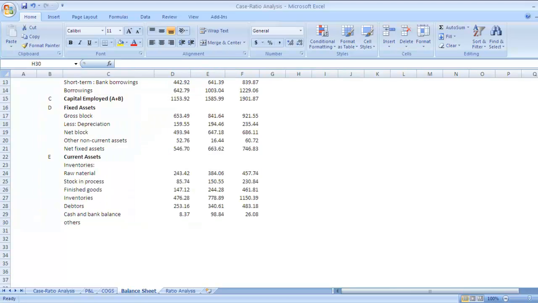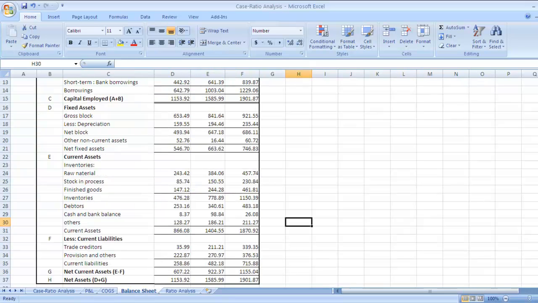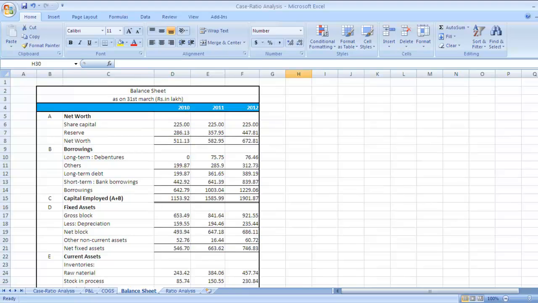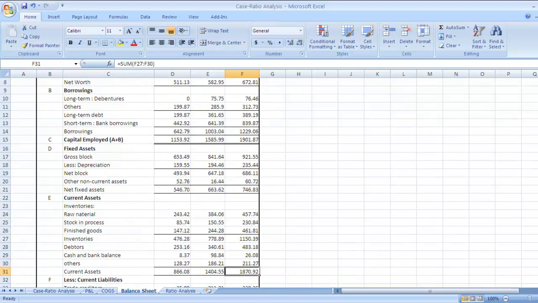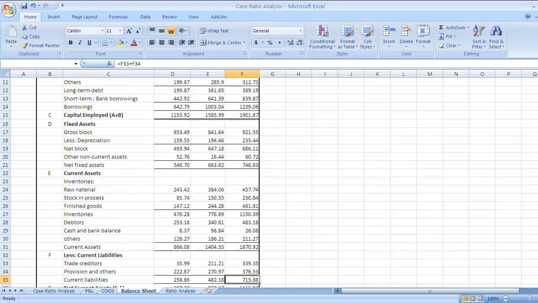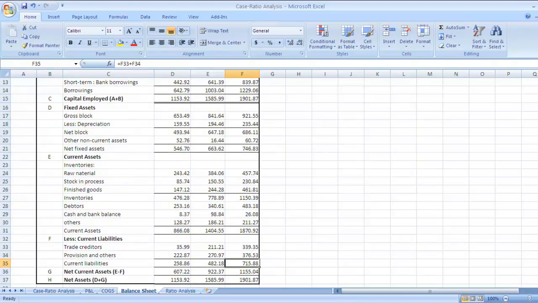We'll move to the next sheet, that is the balance sheet, one of the important financial statements. Here it is given net worth, then borrowings, capital employed, current assets, total current asset figure, current liabilities, net current assets, and then net assets, which is the addition of fixed assets and net current assets.